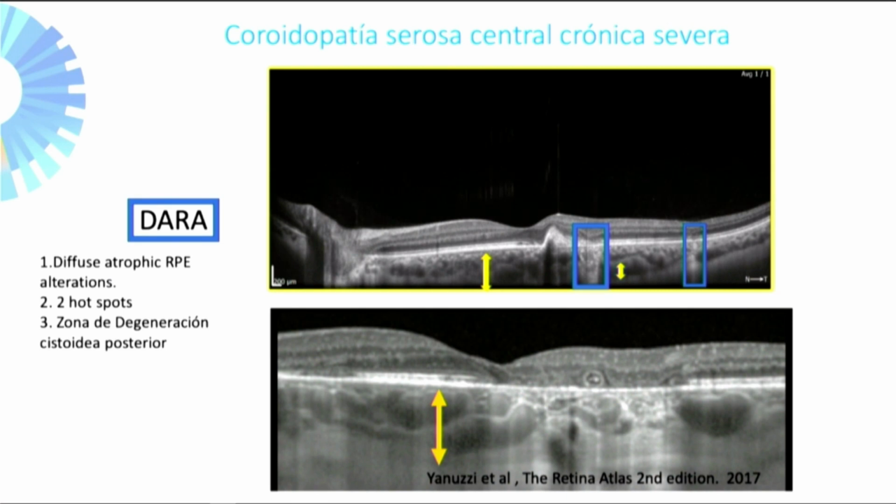In elderly patients, we can think it is an age-related macular degeneration. These extensive areas of diffuse atrophy of the retinal pigment, but in order for us to make any such diagnosis, areas should exceed 5 disc diameters from the papilla.